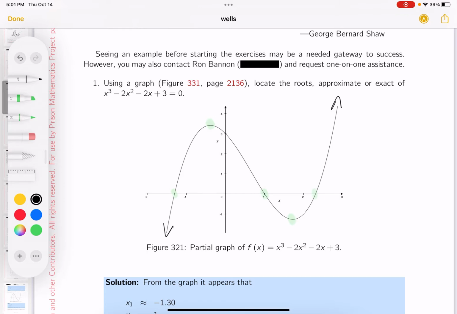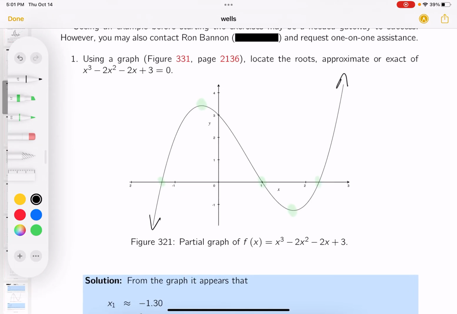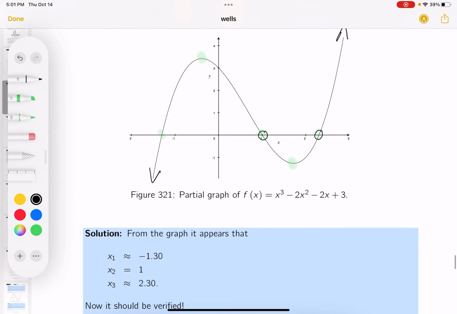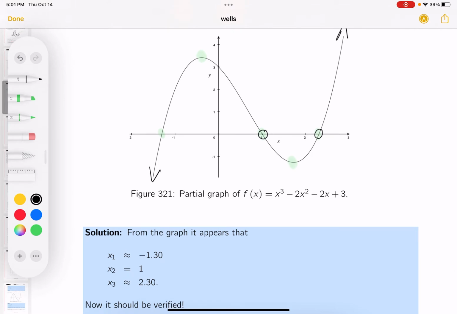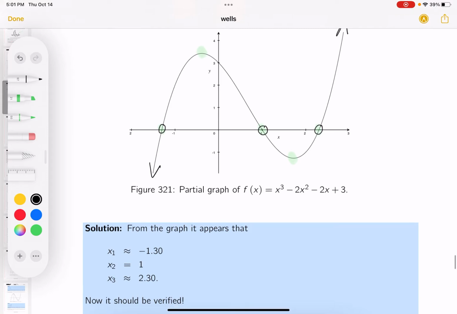So looking at this one over here, I know it's between 2 and 3. Looking at this, I'm going to make a wild guess. Not really a wild guess. It looks about 1. And over here, I'm not saying it is 1, but I'm saying it looks like 1. Now here it's between -2 and -1. Now, I made some guesses at it, and someone says, why do you have to guess at it?